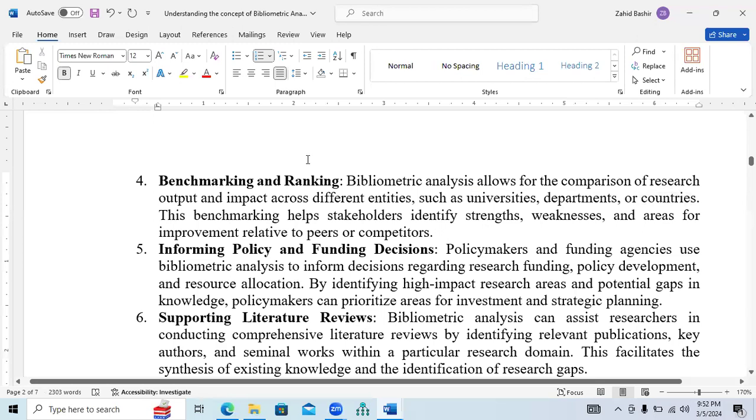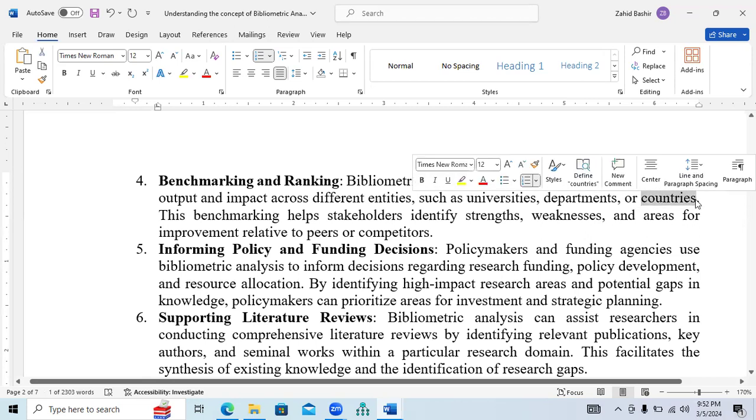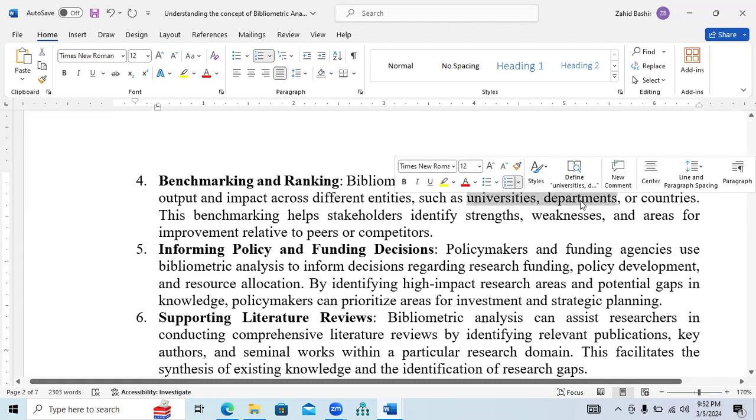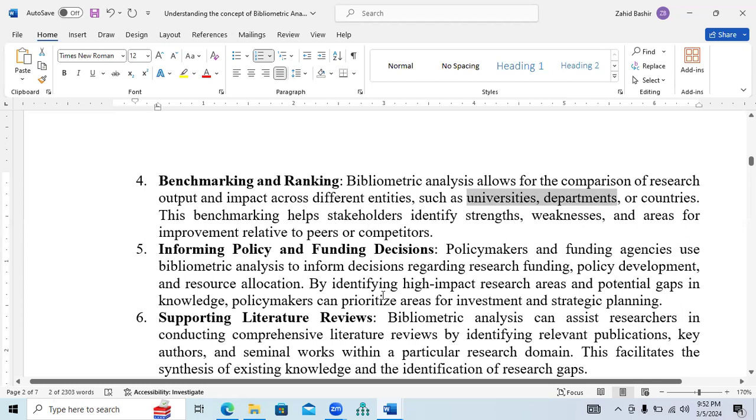Like, for example, sustainable finance. Which countries are doing more and more research, and which countries are ranked first in doing research in sustainable finance? Which universities and departments are doing research in sustainable finance? So it will let me know and I can rank it.